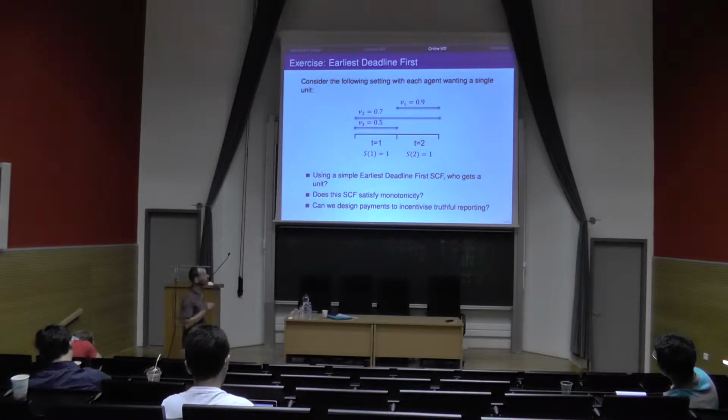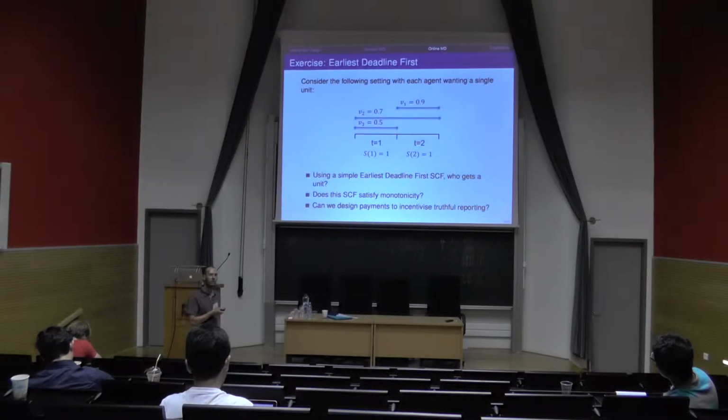We've looked at the social choice function, earliest deadline first, and it breaks monotonicity. Because of that, there are no possible payments that we can design for the agents to be truthful.